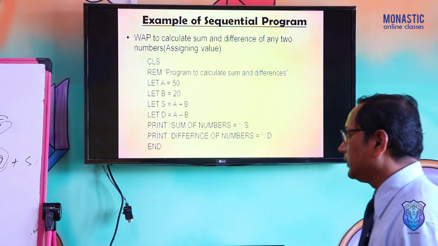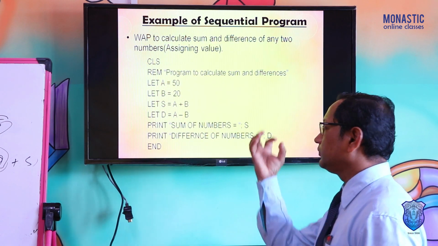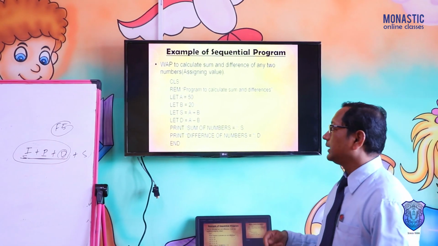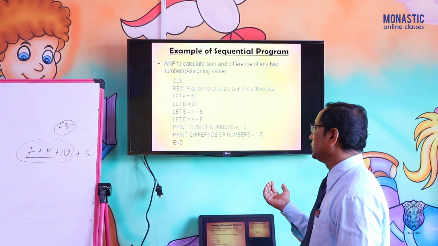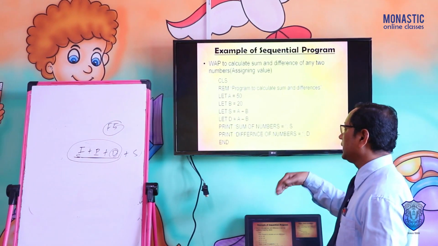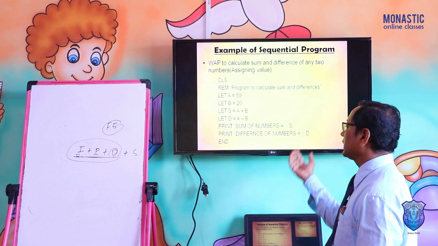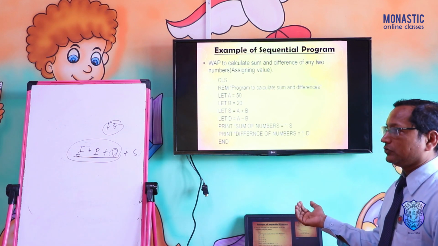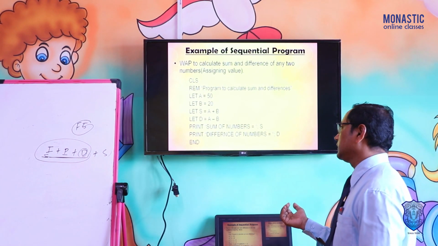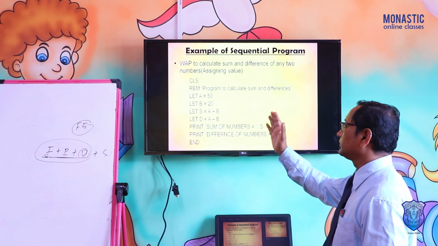If the program is error free, then it will produce the result, that is the output. So when you press the F5 key, first it will compile, and after compilation, if there is no error, it will produce the result. These are the processes.